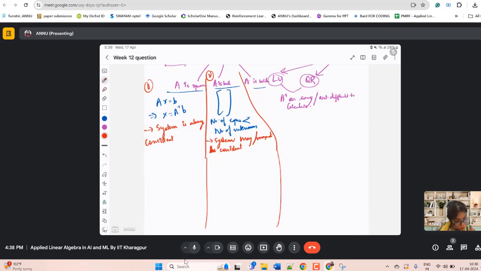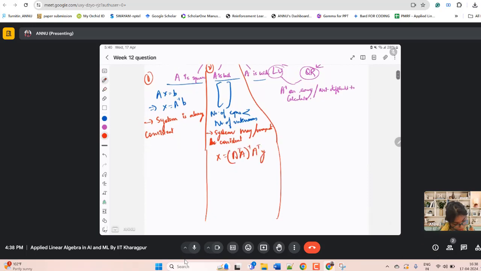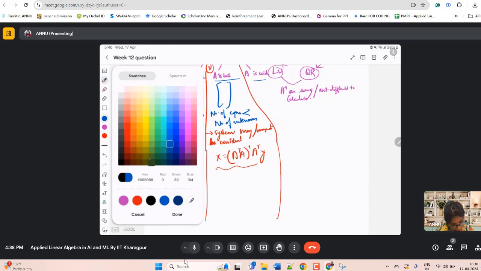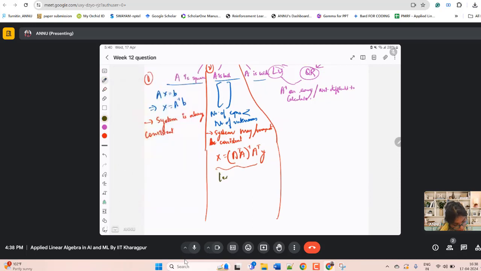But an approximate solution exists: x equals (A transpose A) whole inverse A transpose b. This is also called the least squares solution.